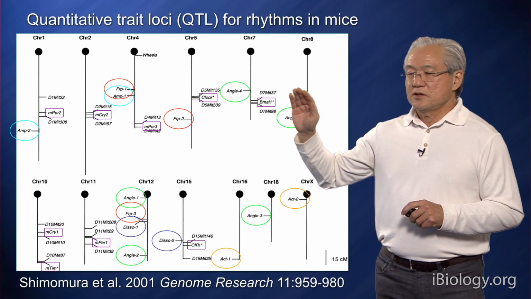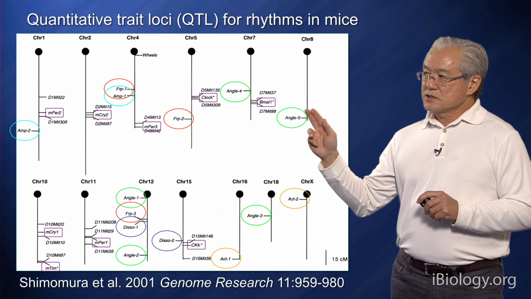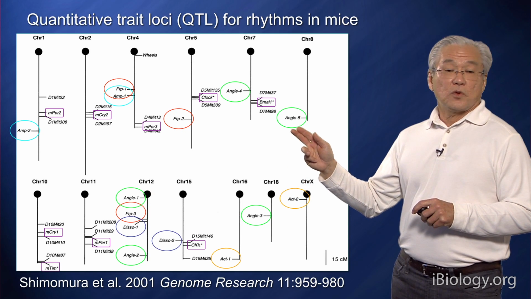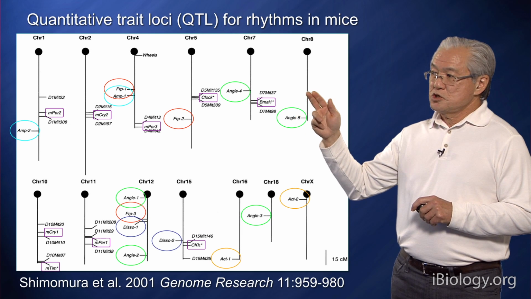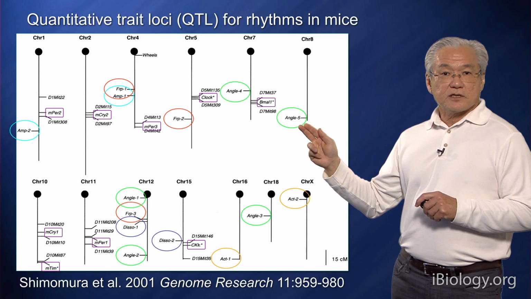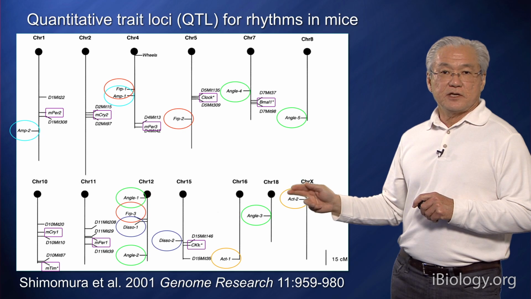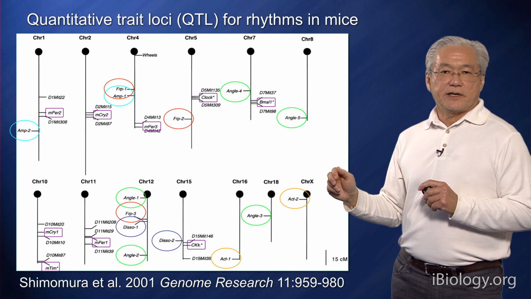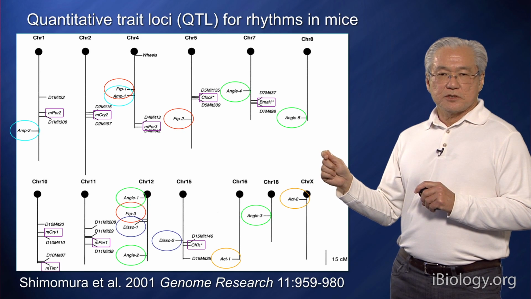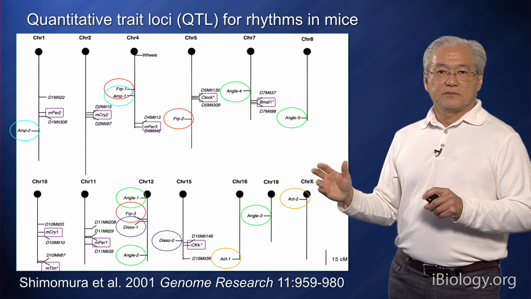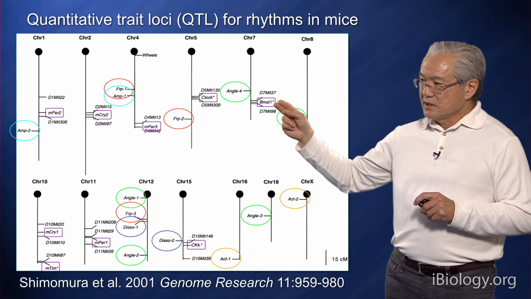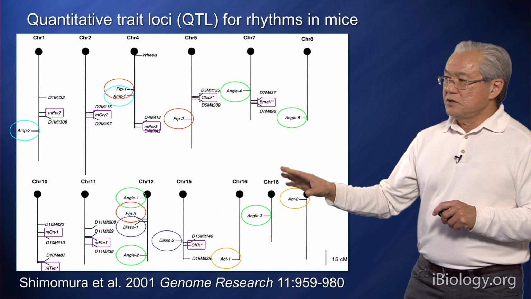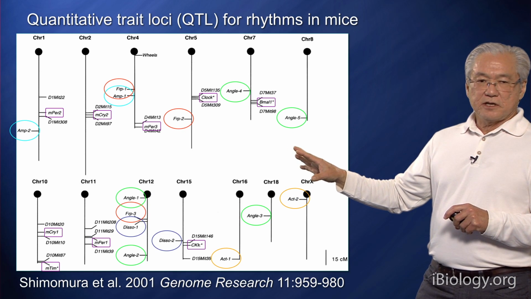And again, I'm not going to take you through the details, but in this analysis of these two strains, we found about 14 different regions of the genome that are responsible for controlling different phenotypic aspects of the rhythm between these two strains, their period, their amplitude, how robust they are, things like that. And these are all indicated in these oval circles with different colors. And what you can see is they're scattered across the genome.